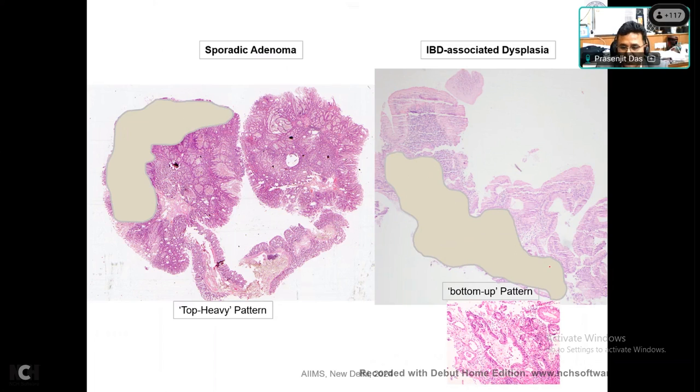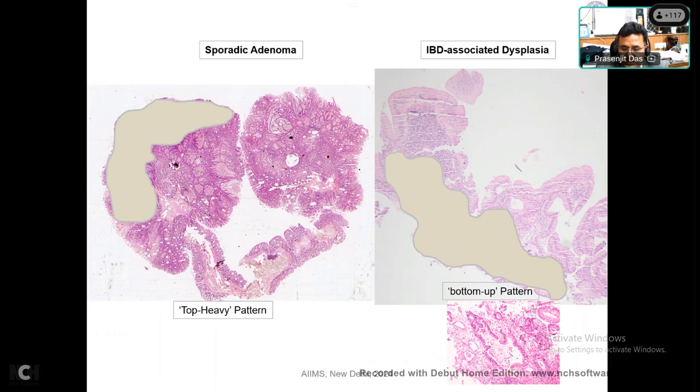Usually you will see the dysplastic change more towards the deeper inflamed glands, okay? And another thing is, in sporadic adenomas, the glands show either a normal pattern or they will be crowded with a Chinese letter pattern, so there will be very little space in between. And in IBD associated dysplasia, the dysplastic glands also maintain the architecture of the IBD.